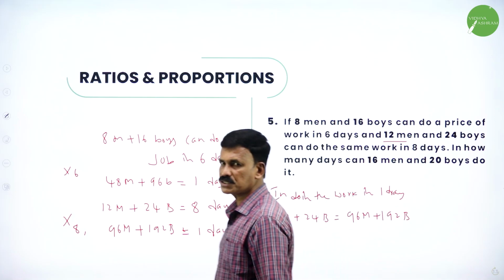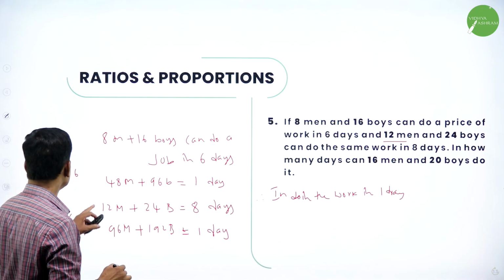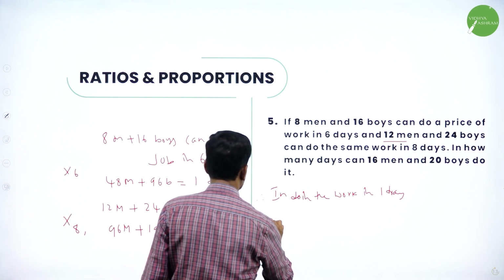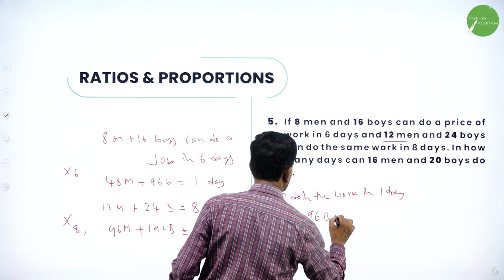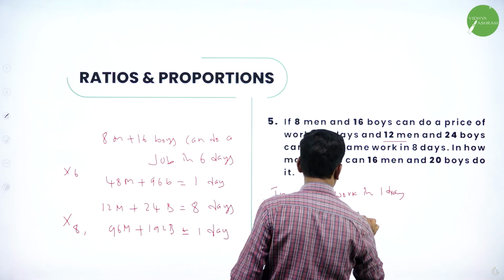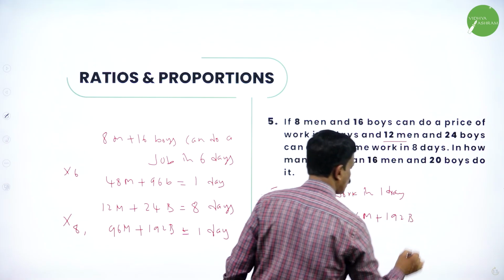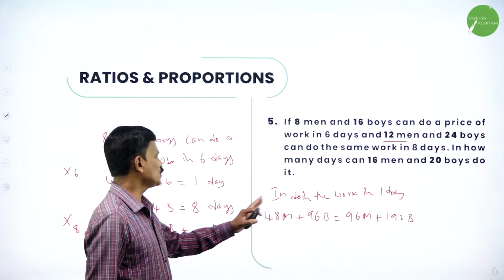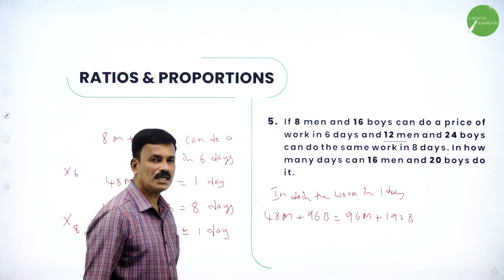So equate this. The work done in 1 day is 48 men plus 96 boys is equal to 96 men plus 192 boys, right? 48 into 2 is 96, 96 into 2 is 192.